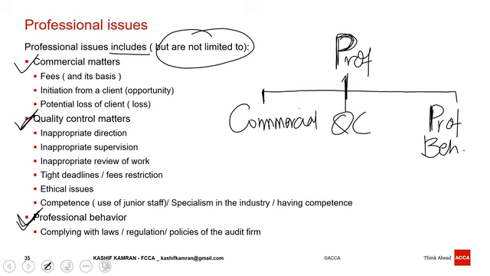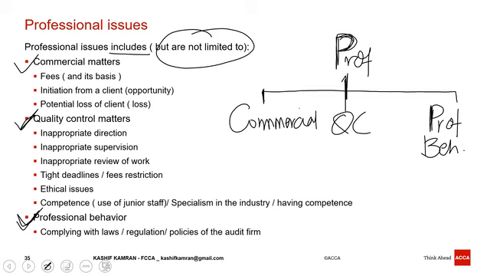So from an examination point of view, anything which is around commercial is a professional issue. Anything which is compromising your quality control can be a professional issue. I'll justify how. And your professional behavior.